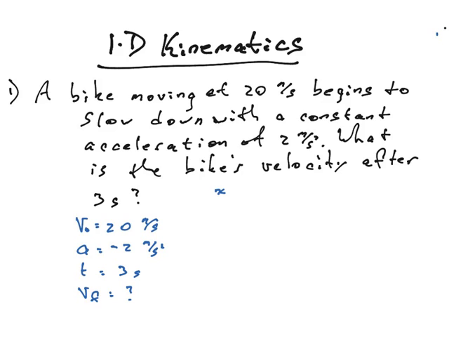Well, we have x equals v naught t plus 1/2 a t squared. Another equation we have is vf squared is v naught squared plus 2ax. And lastly, acceleration is change in velocity over time.